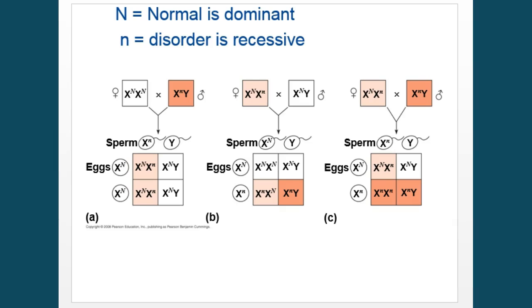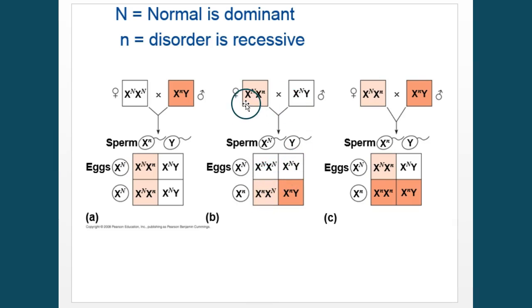Okay? In example B over here, mom is a carrier. She has one normal and one affected X. Dad is absolutely normal. He does not have an affected X. So, depending on which X they get from mom, kids could be completely normal, getting the normal X from mom and dad's normal X, so a normal daughter.